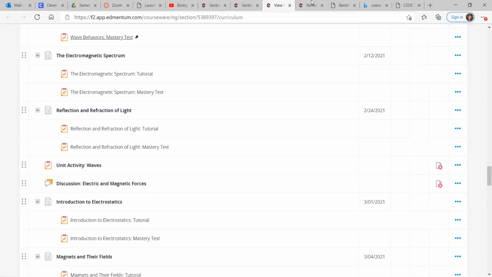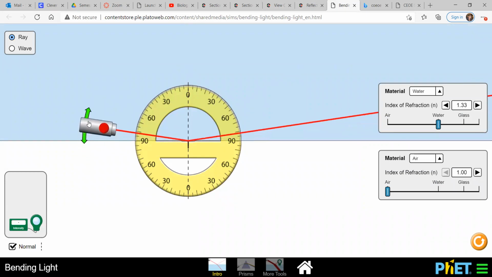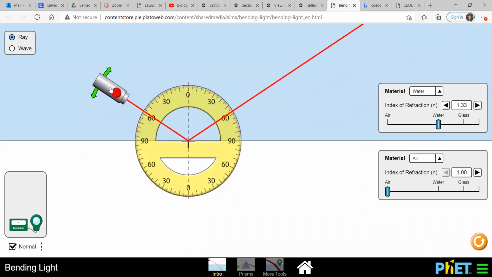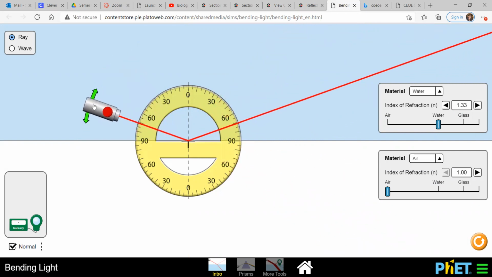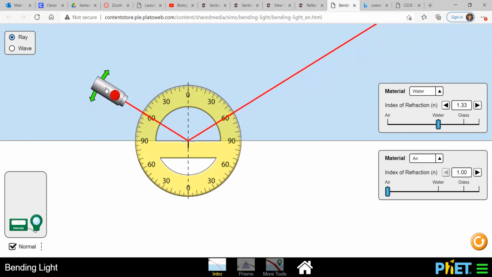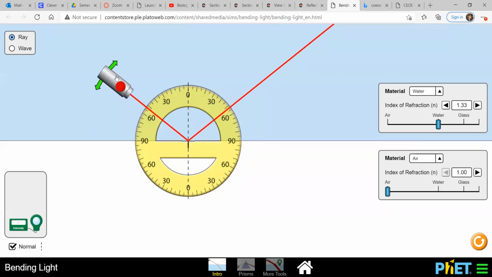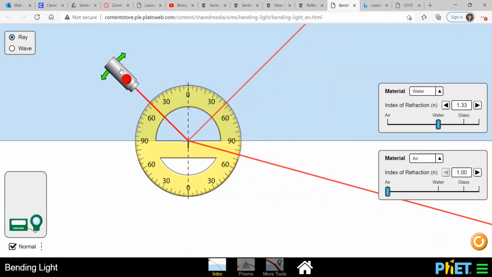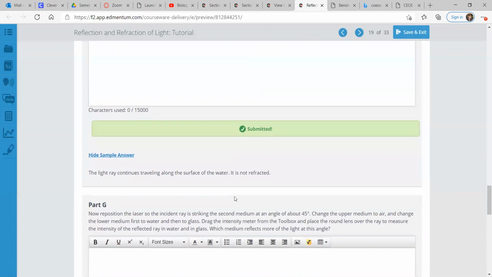It is not refracted. So you see how it doesn't even start to transmit until that angle. From water to air.